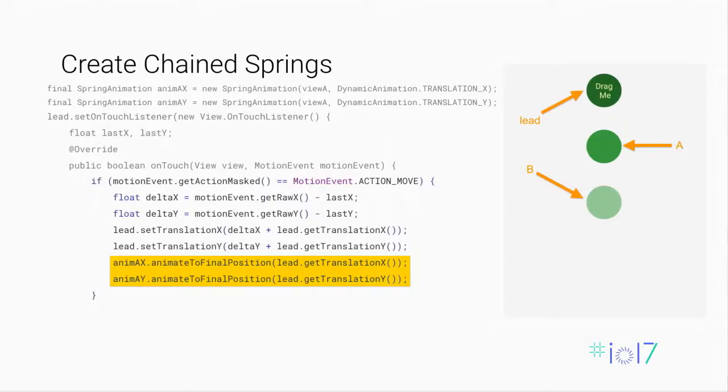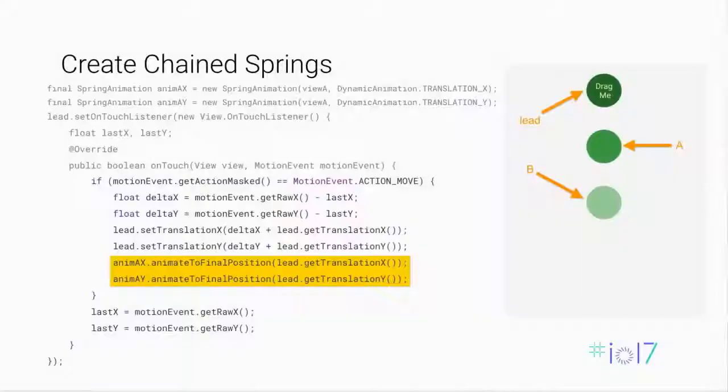And what this means is every time we receive a move event, we're going to move the lead view. And then if A is at resting position, we're going to start animation to move A towards the lead view.